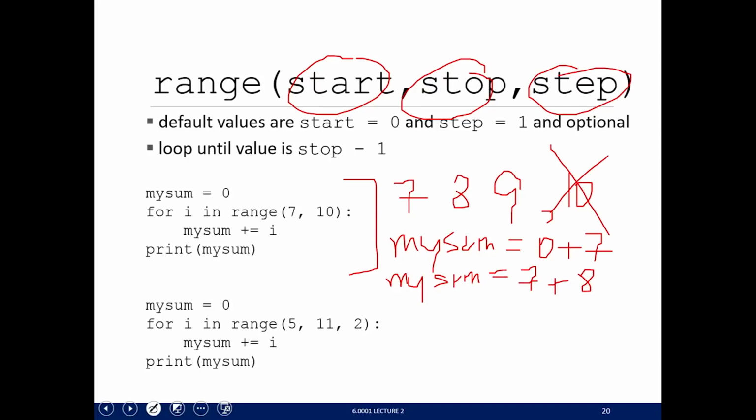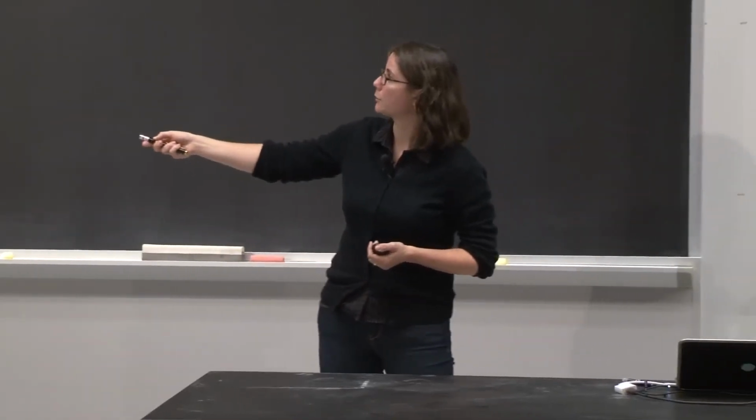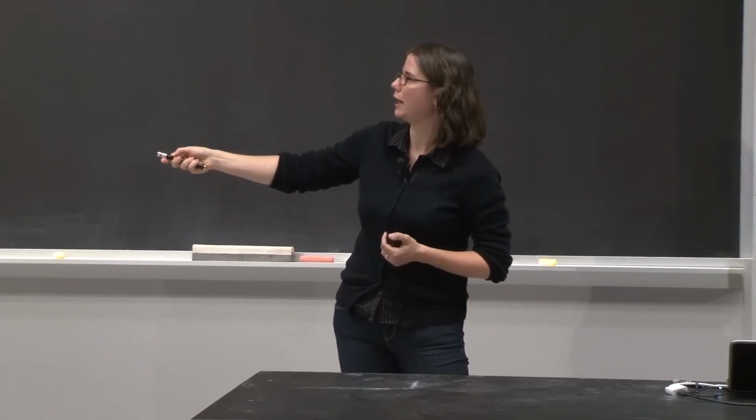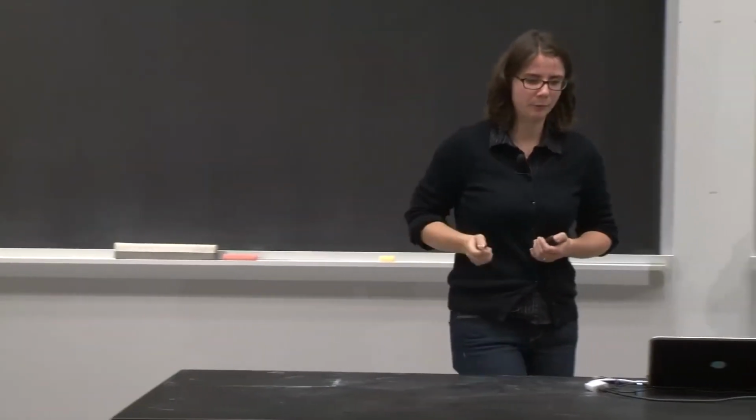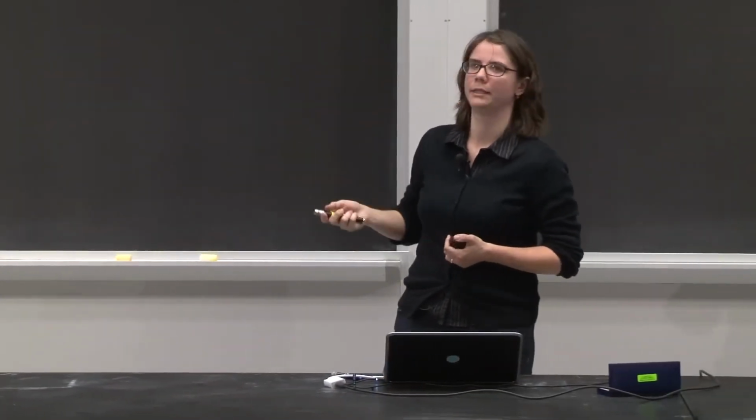Okay? The next time through the loop, my sum gets the value 7 plus 8 plus 9. Obviously replacing that with the previous value, so 15. Okay? Since we're not going through 10, that's where we stop. And we're going to print out my sum, which is going to be the value of 7 plus 8 plus 9.